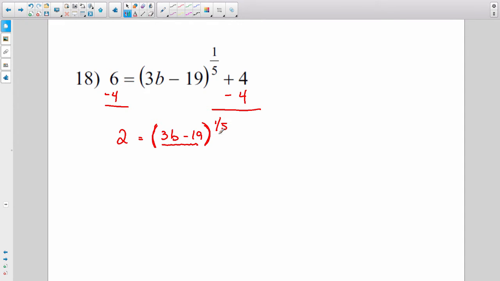So you're still allowed to just go up and do this. Raise both sides of the equation to the 5/1. And what will happen is those exponents will cancel. This will be a crazy number, 2 to the 5th, which happens to be 32. And this just falls out.